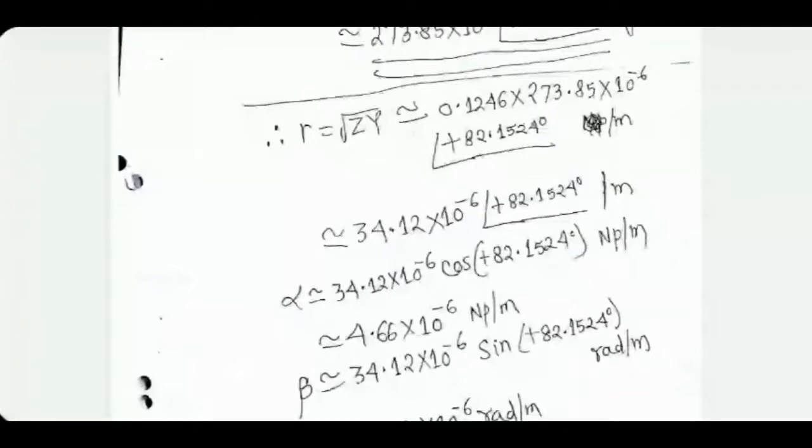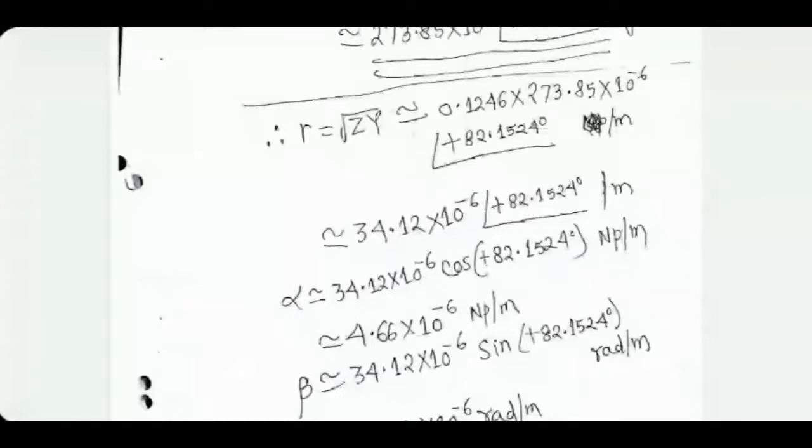Now you take real part of this to get alpha. 34.12 into 10 to the power minus 6 multiplied by cos of 82.1524 degrees. That answer will be Neper per meter. And I got this number, 4.66 into 10 to the power minus 6 Neper per meter. You can double check this.